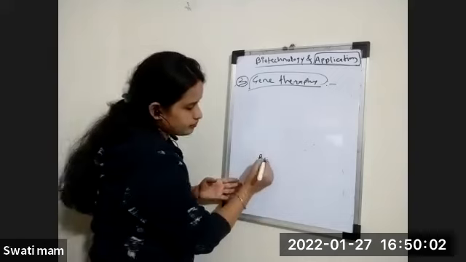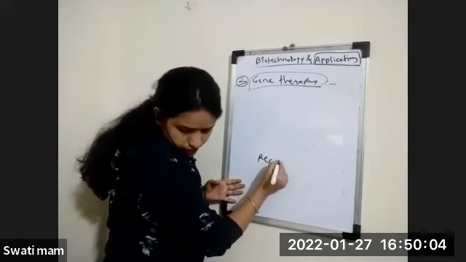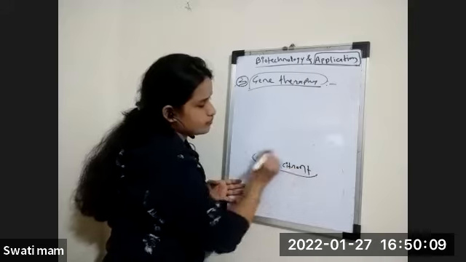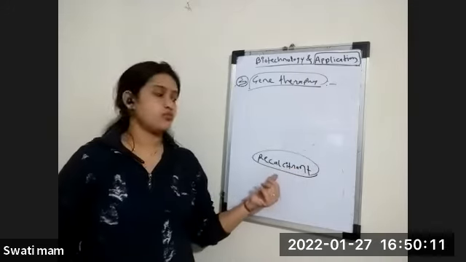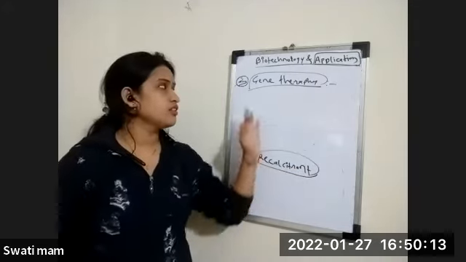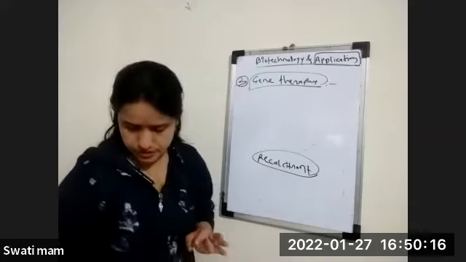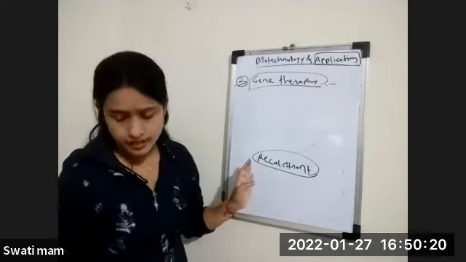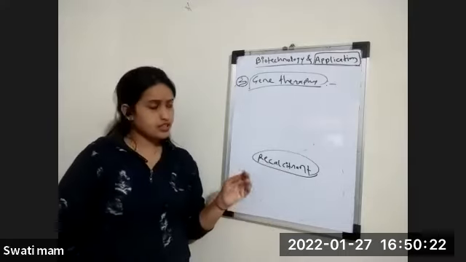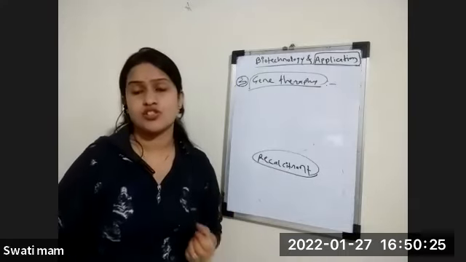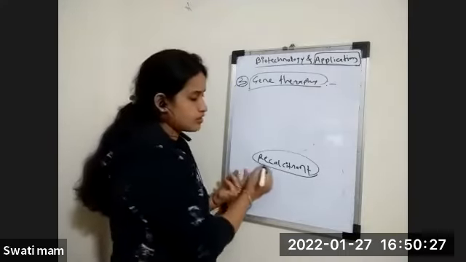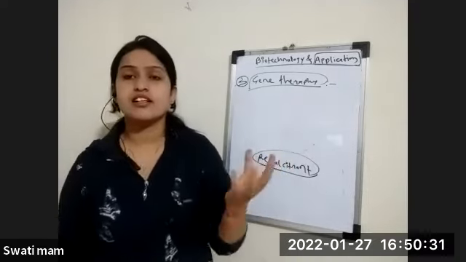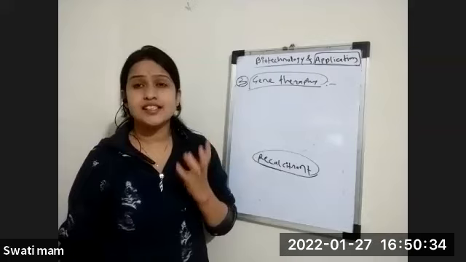Now there is one word given, that is recalcitrant. This one word is mentioned in your textbook, in agriculture. What is the meaning of recalcitrant? Recalcitrant means the reduction in the seed moisture content.